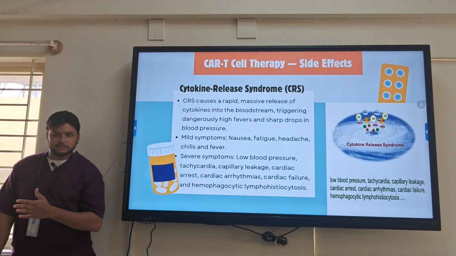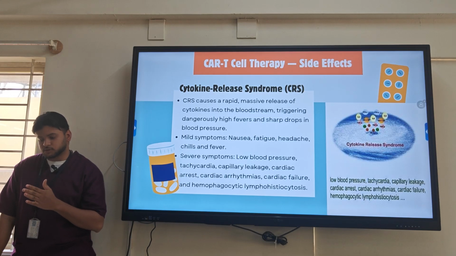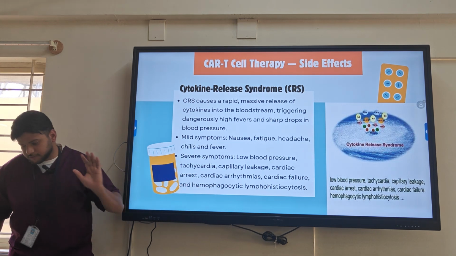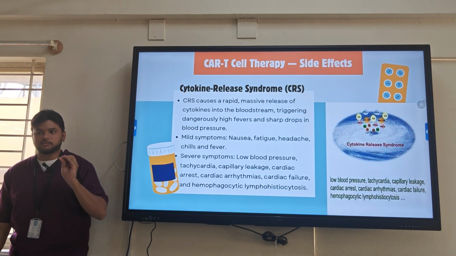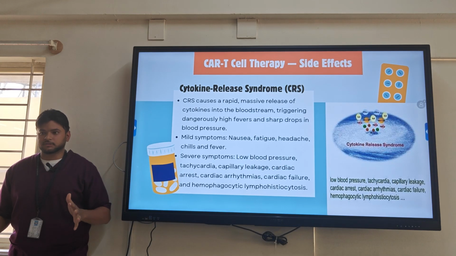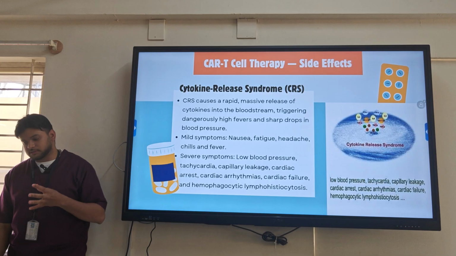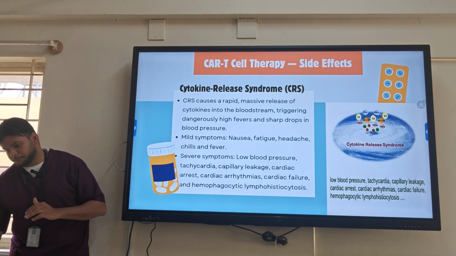Like one patient we came across, the patient had hemophagocytic lymphohistiocytosis, as you can see here. It's a severe symptom. In this condition the patient will have swelling and inflammation all over the body. So severe symptoms will occur in this therapy. This is the side effect of this therapy.